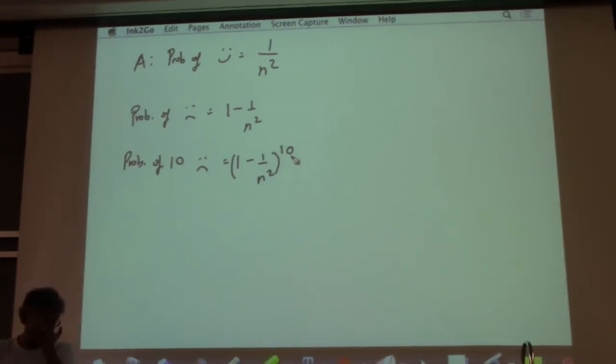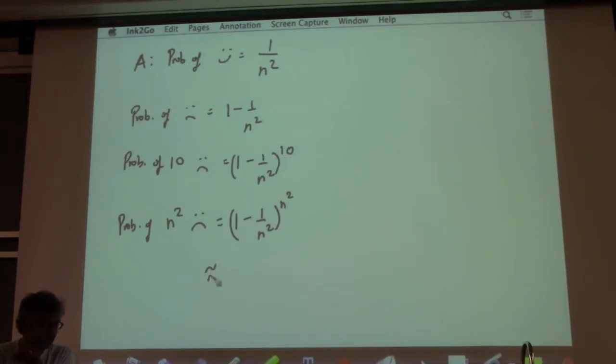In particular, suppose I ask what is the probability of n squared failures in a row? This would be (1 minus 1 over n squared) to the n squared. And this is one simple trick you need to remember that we'll use all the time.